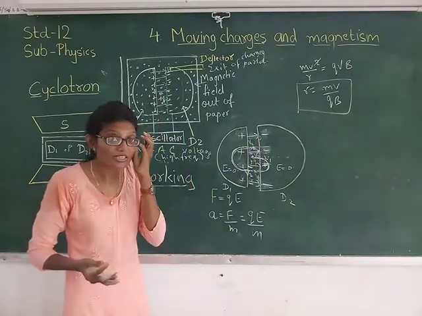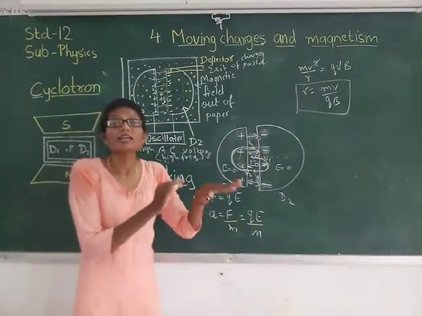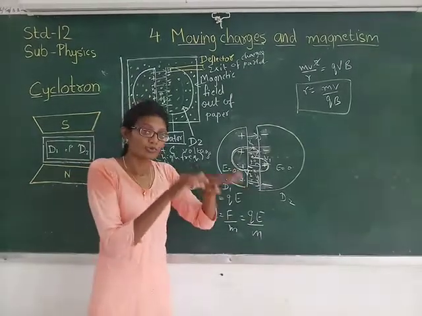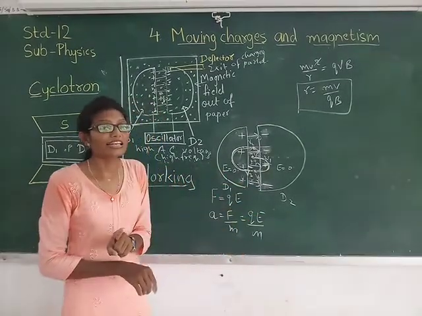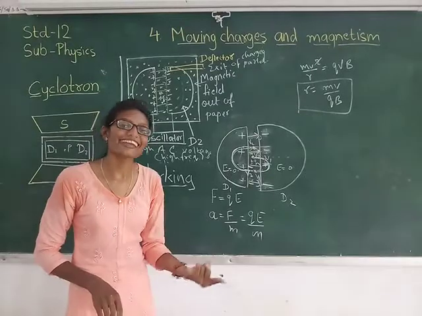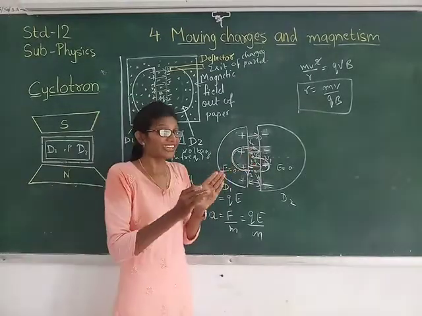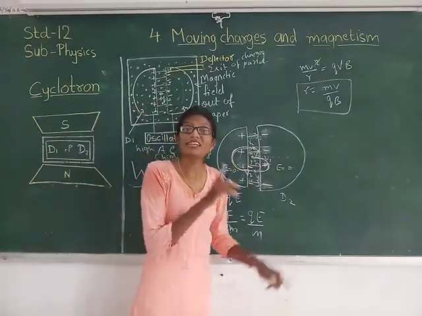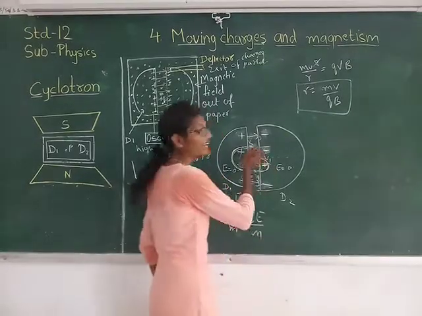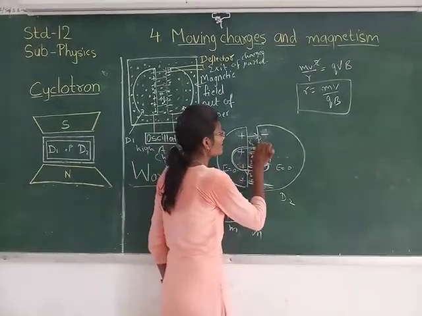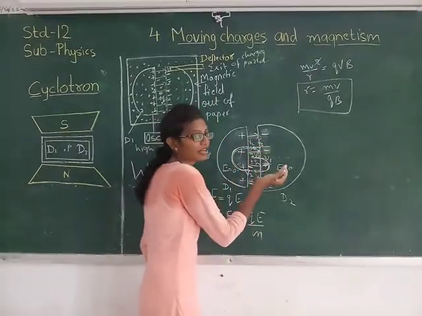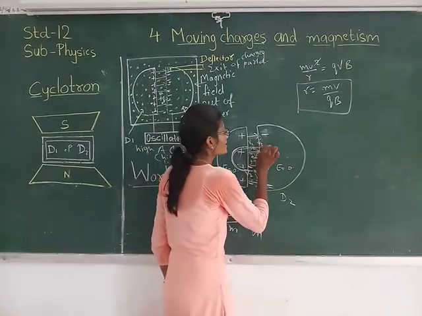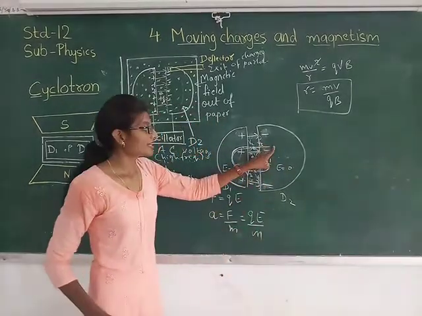Now what happens? Again the charged particle is put into the electric field. So what will the electric field do? It will accelerate the charged particle, that means the velocity will be increased due to the electric field. So let us consider that it moves with greater velocity, it is accelerated, so it comes over here with the velocity v3.